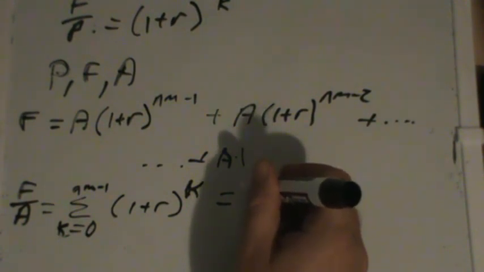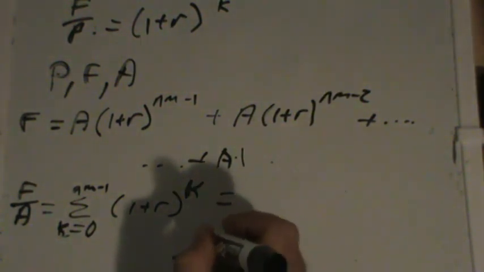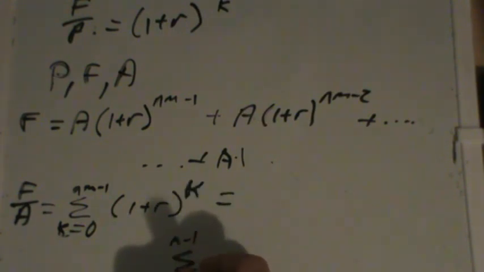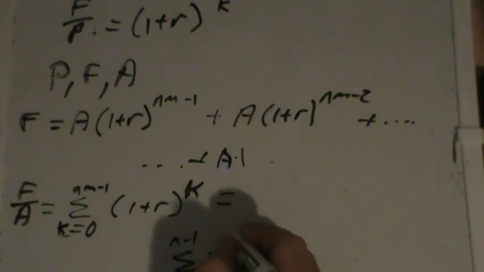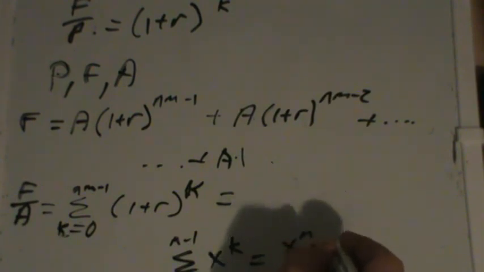Now, this is a fairly famous series that goes on, and it's got a simple expression to it. If you're doing the series up to m minus 1, from k equals 0, of x to the k, that's equal to (x^m minus 1) over (x minus 1).